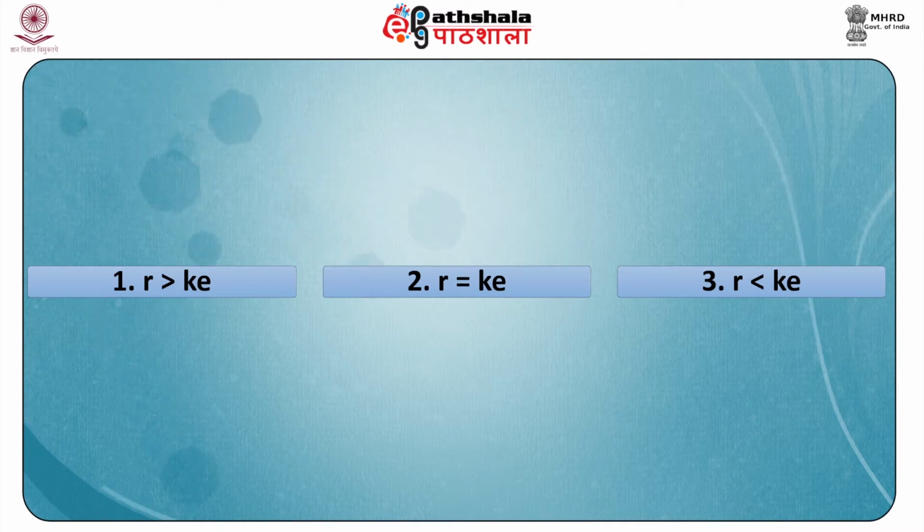Second, when the returns generated by the firm are exactly equal to the investor's capitalization rate, that is, R is equal to KE. Third, when the return generated by the firm is less than the equity's expectation rate, that is, R is less than KE.